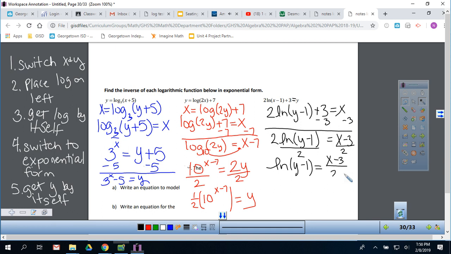Alright, what's special about natural logs? It's very natural. It's a natural logarithm. What makes it special? It's a log with a base of e.